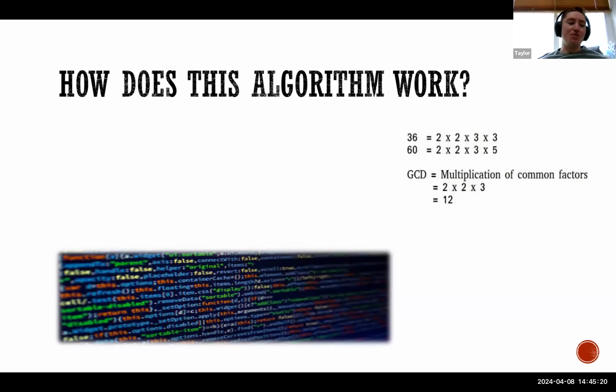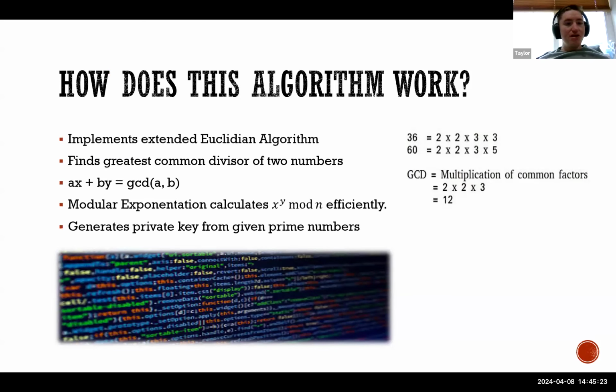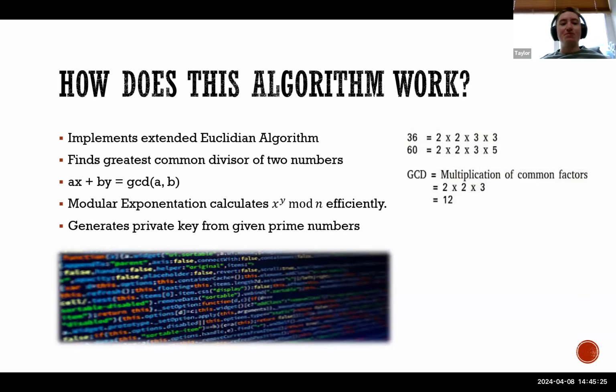So how does the algorithm work? It implements something called the extended Euclidean algorithm. Euclidean should be a little bit familiar to you guys listening. Euclidean means that it's geometric, or it works with shapes, just as you would have in seventh grade or something like that.